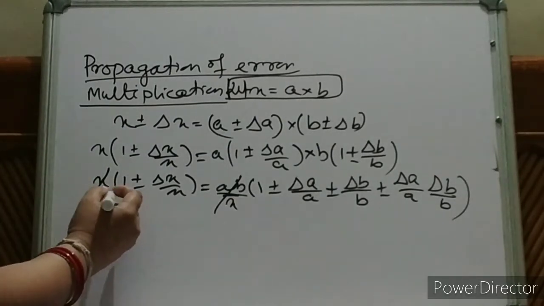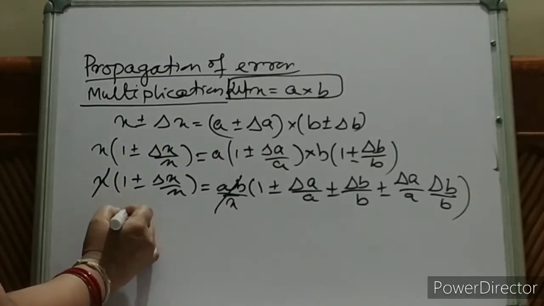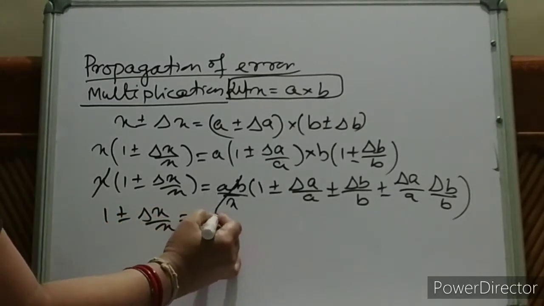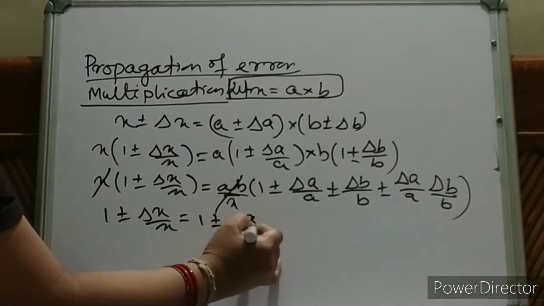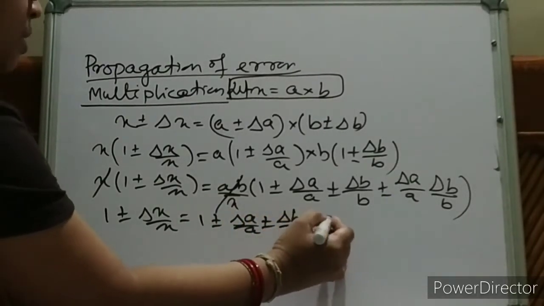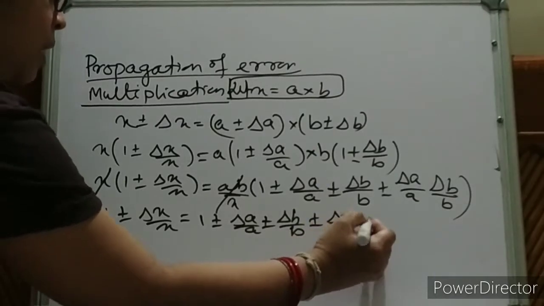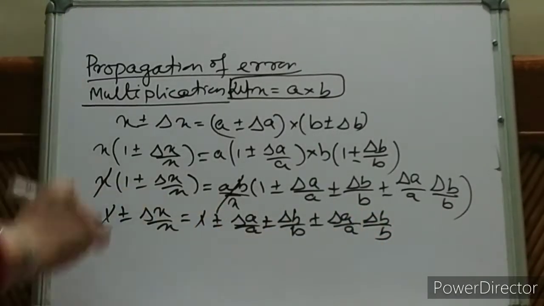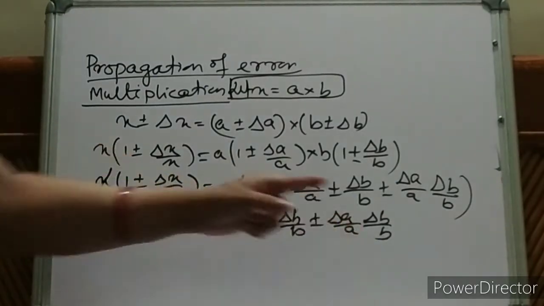Now what about this quantity? Let us write 1 plus minus delta x by x is equal to 1 plus minus delta a by a plus minus delta b by b plus minus delta a by a delta b by b. This one gets cancelled. What about these, children?